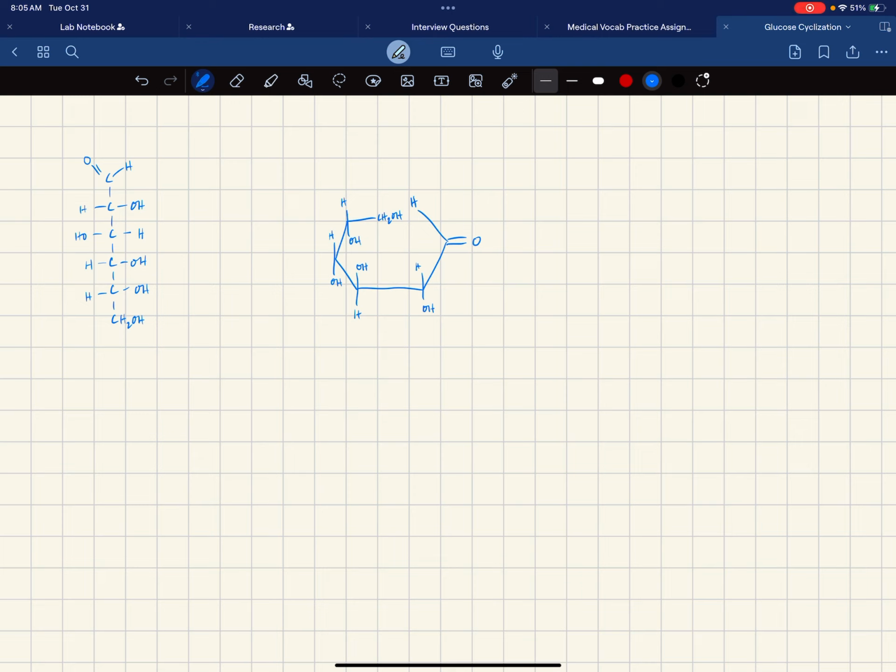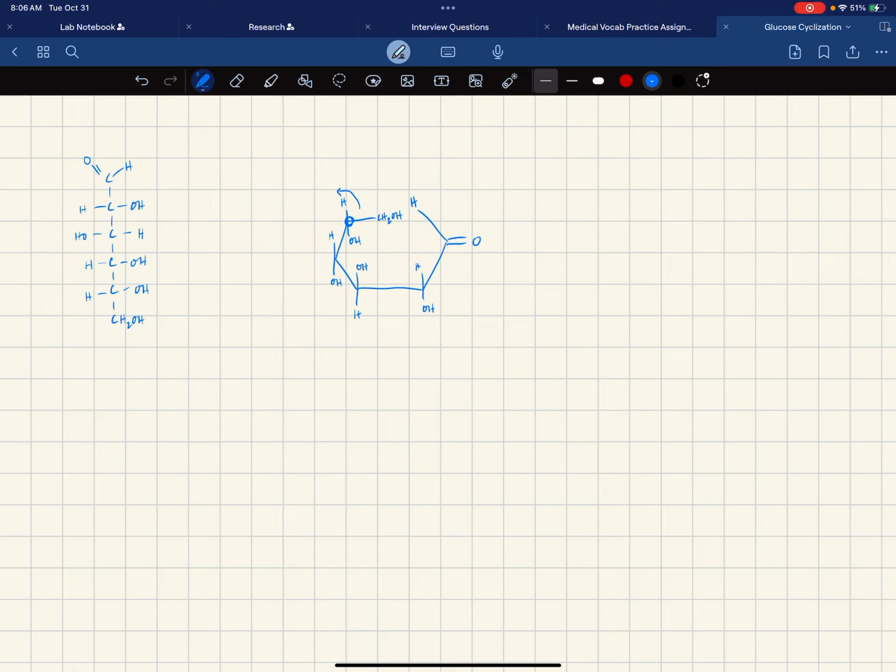So you can already see it's getting to be the ring, but what happens is that this OH has to attack that carbon for this reaction to actually happen. And the way that it's drawn right now, this OH is not in a great position to do that. And so what ends up happening is this bond actually rotates. It rotates this way to get the OH into a better position to do it.